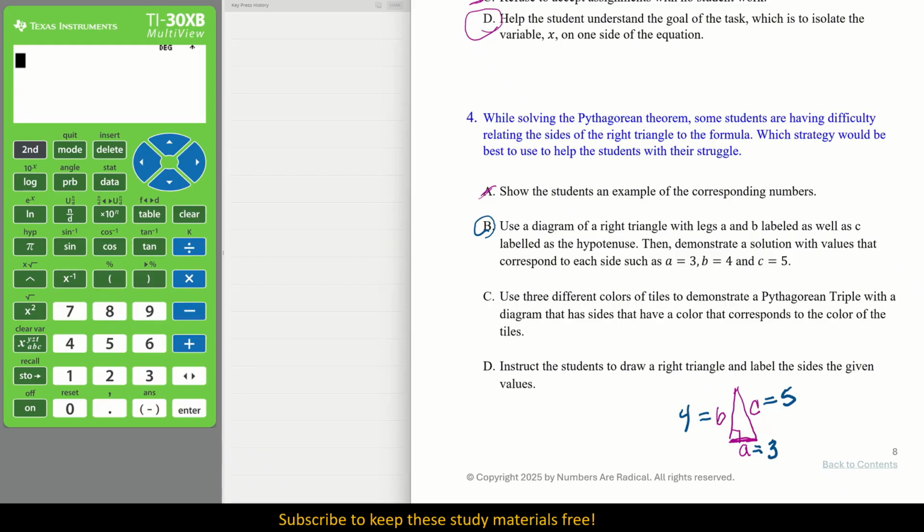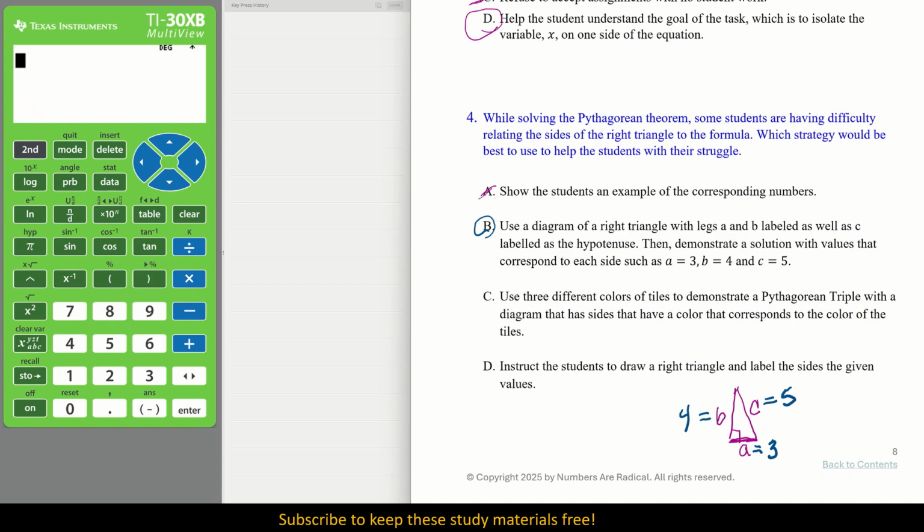C, use 3 different colors of tiles to demonstrate a Pythagorean triple with a diagram that has sides with a color that corresponds to the color of the tiles. Okay, yes, but that would be what you began with.